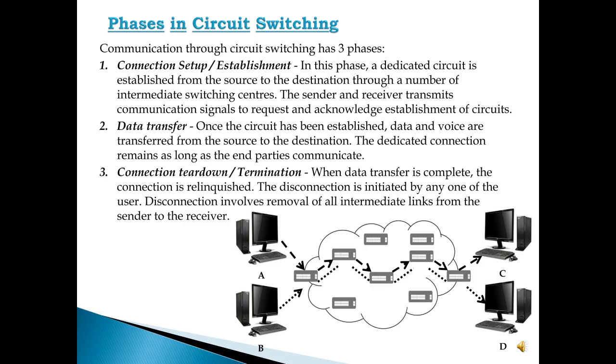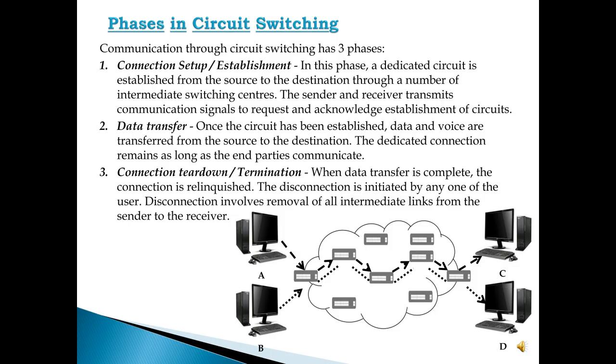Data transfer. Once the circuit has been established, data and voice are transferred from source to destination. The dedicated connection remains as long as the end parties communicate. And the third phase is connection tear down or termination.